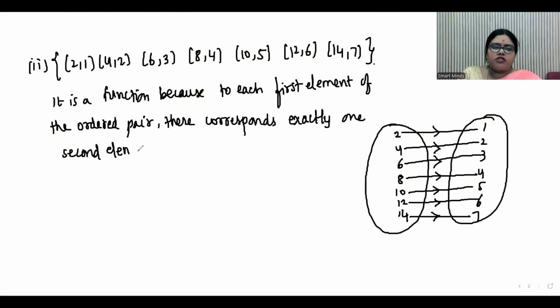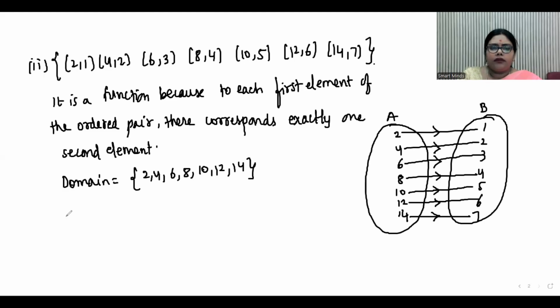So if it is a function, we need to find domain and range as well. So what is the domain? Domain is the elements of first set. So 2, 4, 6, 8, 10, 12, 14. And range is 1, 2, 3, 4, 5, 6, 7.